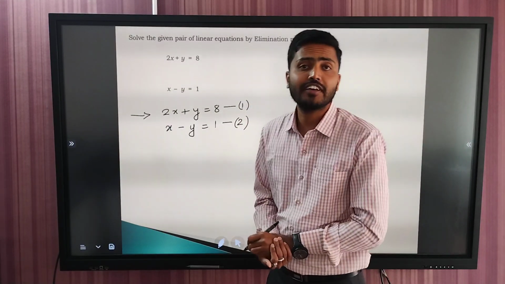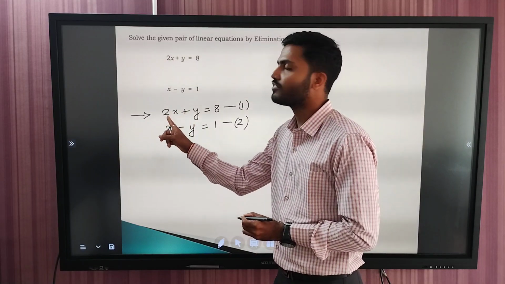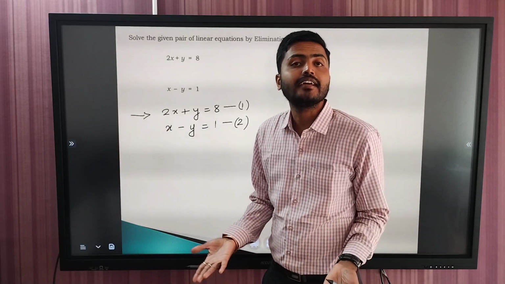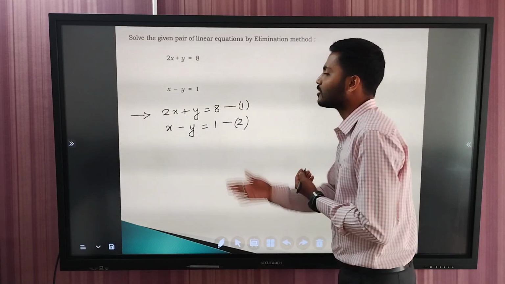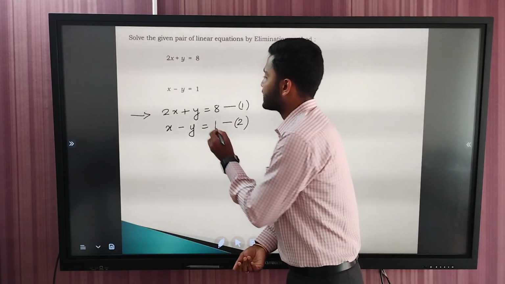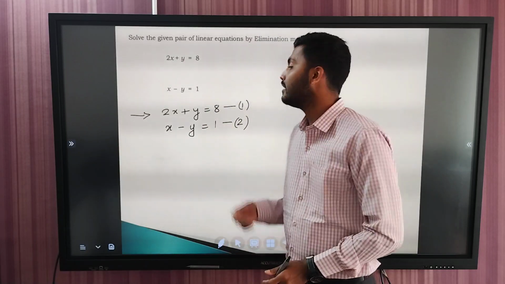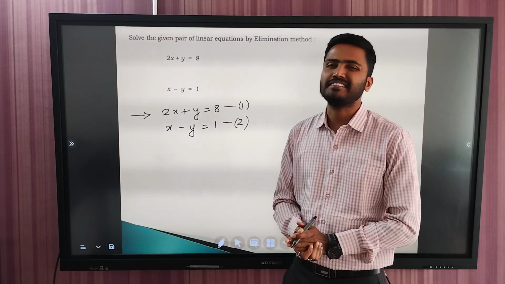Yes, let us see the coefficients of x, my dear students. What are the coefficients of x? Here the coefficient of x is 2, here the coefficient of x is 1. So clearly the coefficients of x are not the same, right? So let us see the coefficient of y. Yes, here the coefficient of y is plus 1 in equation 1, whereas in equation 2 the coefficient of y is minus 1.